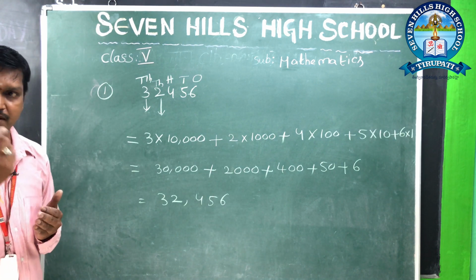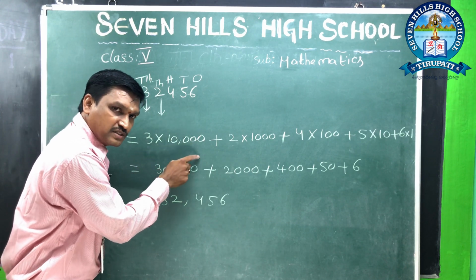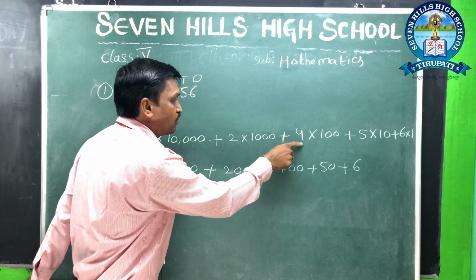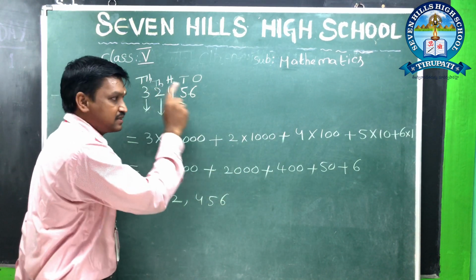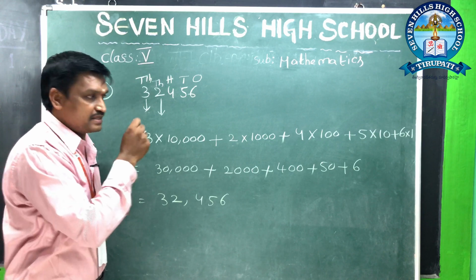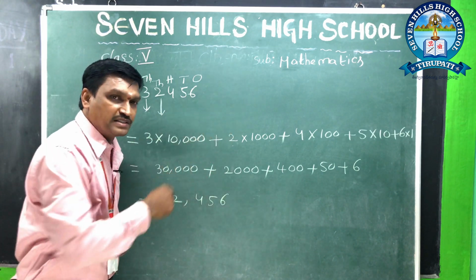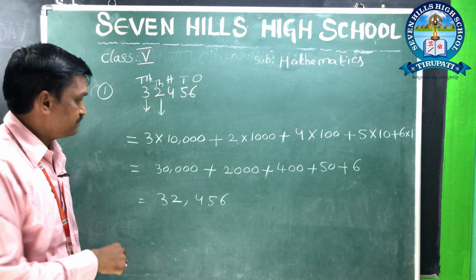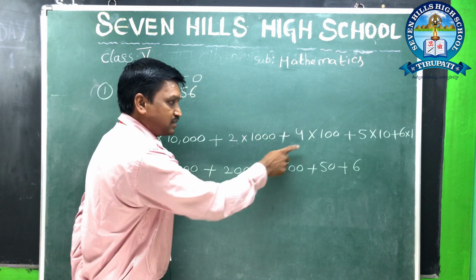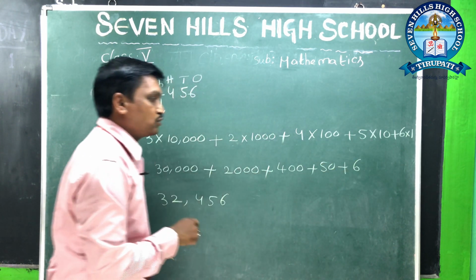Now we expand each digit. 3 is in 10,000s position, that means 3 into 10,000, plus 2 is in thousands place, so 2 into 1000, plus the digit 4 is in hundreds place, so 4 into 100, plus the digit 5 is in tens place, 5 into 10, plus the digit 6 is in ones place, that means 6 into 1. 3 into 10,000 means 30,000, plus 2,000, plus 400, plus 50, plus 6.